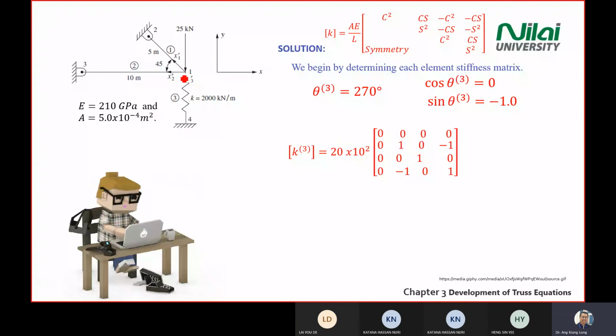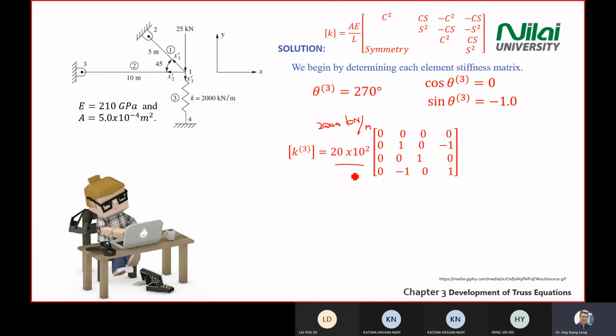All right. So your K is 2000 kilonewton per meter. So if you calculate back the previous one, you must put them in the same unit. So this one is in 2000 kilonewton over meter.